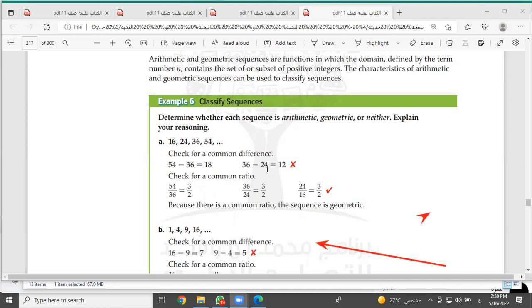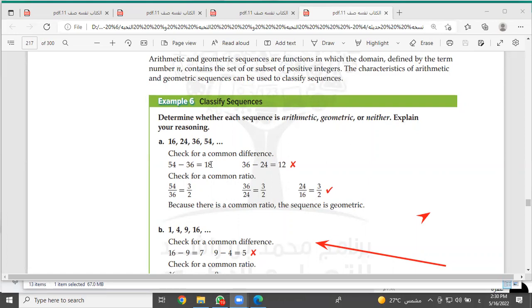Over here, check the common ratio. 24 over 36 equals 3 over 2, which means 1.5. 36 divided by 24 also equals 3 over 2, 1.5. 24 divided by 16 equals 3 over 2, equal to 1.5.